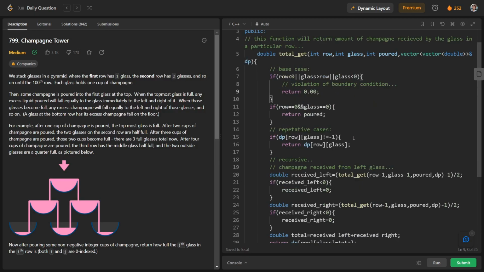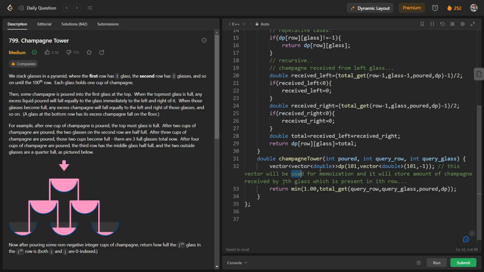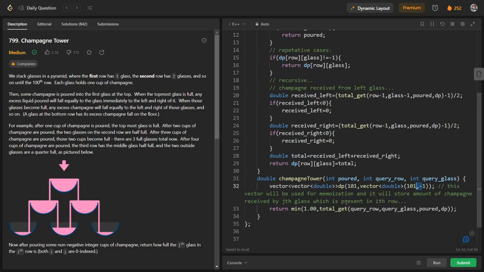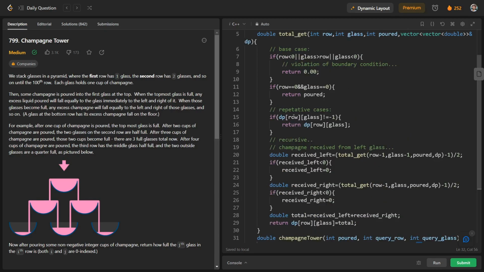Okay, and to avoid repetitive cases we have used this dp vector here, a two dimensional dp vector of type double, and this will store the amount of champagne which has been received by the jth glass of the ith row. So if dp of row and glass is not equal to -1, we will just return it directly, and otherwise we have to calculate the total amount of champagne received from the left glass, which will be nothing but the total amount received by the left glass minus 1, divided by 2, and similarly for the right part.